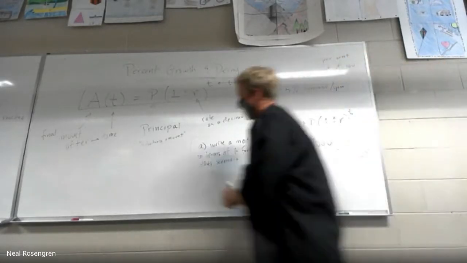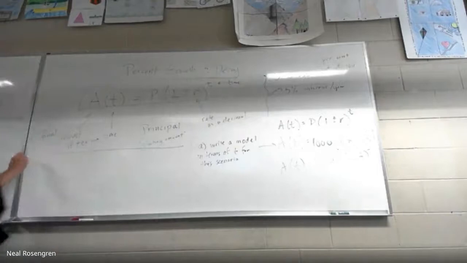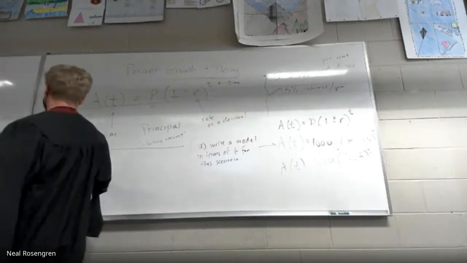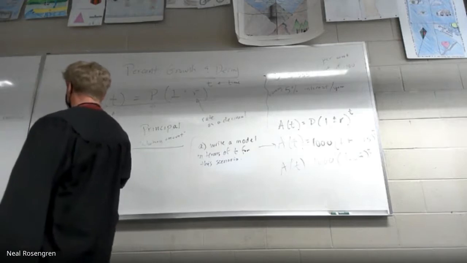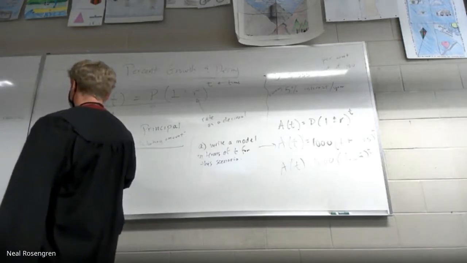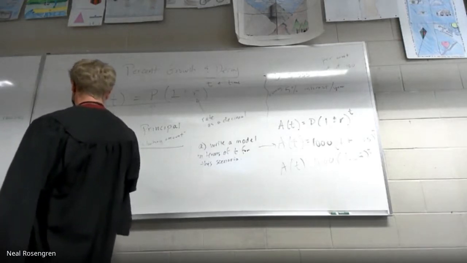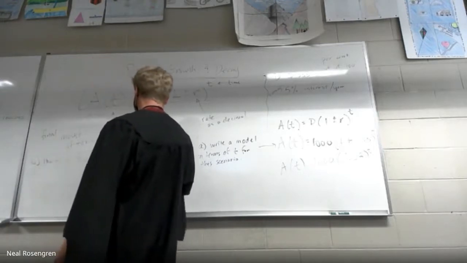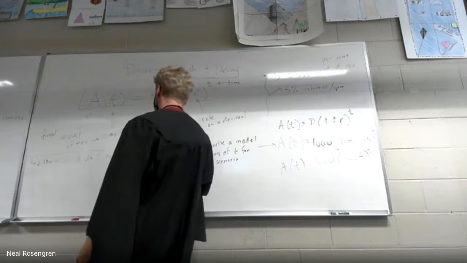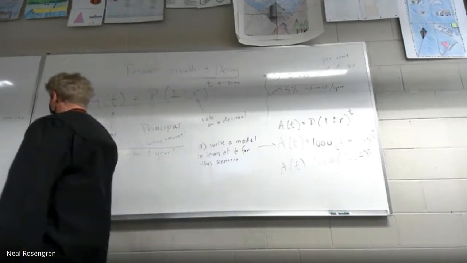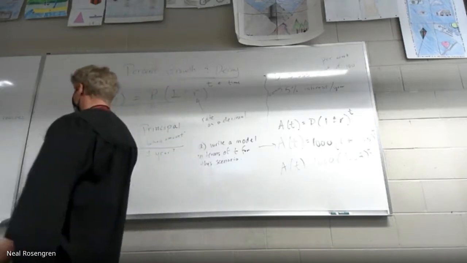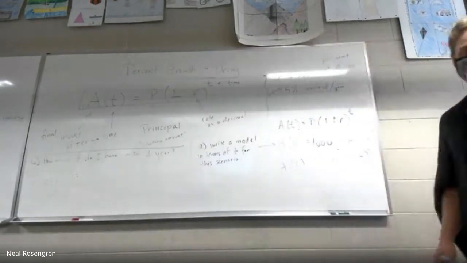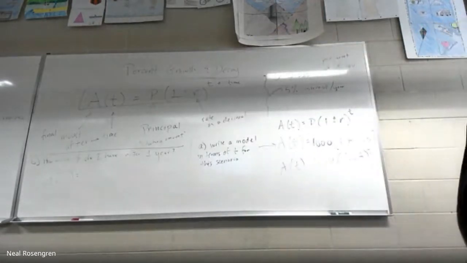Okay, now we can ask the question. Call this B. How much money do I have after 1 year? Well, now it's not just any A of t. How much time are we letting pass?